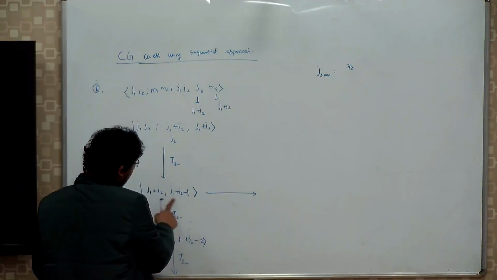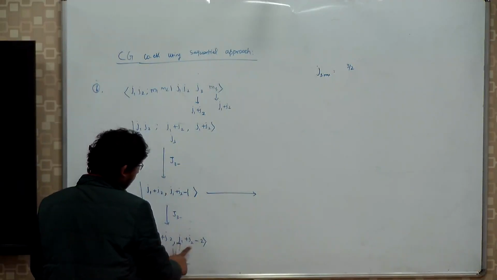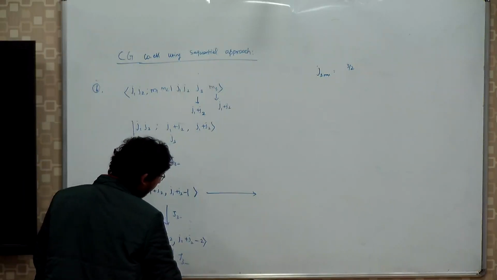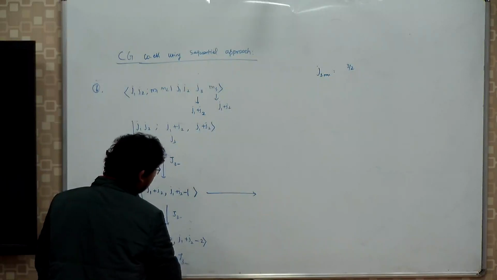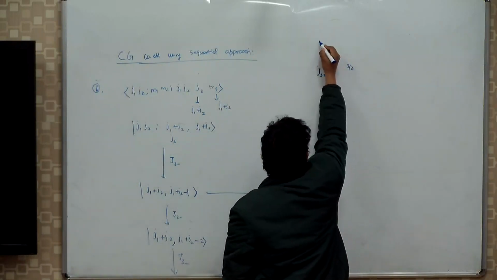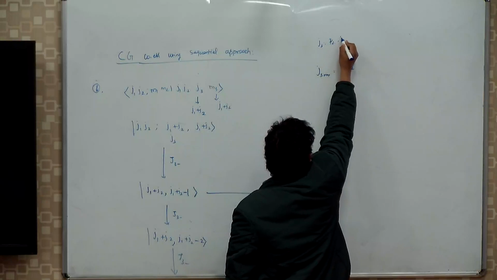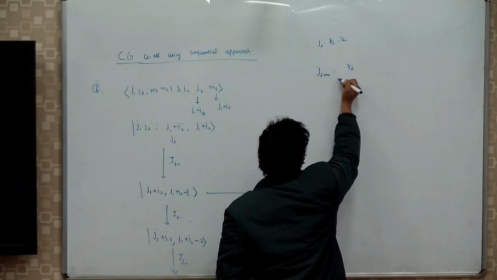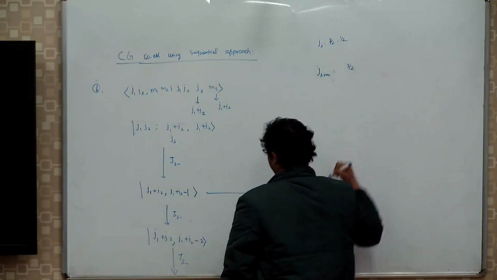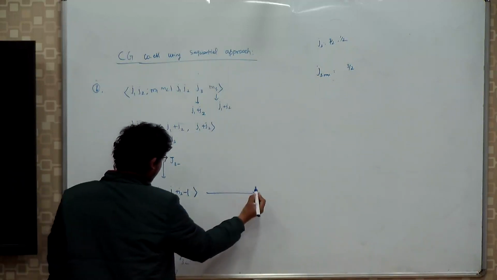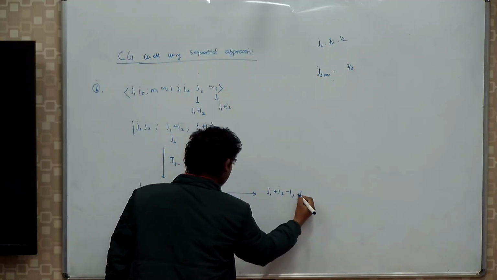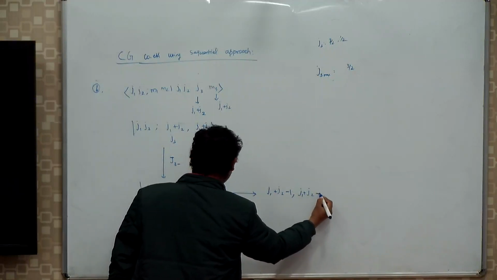Otherwise, once it has reached J minimum, it will stop. Then for the other J3 value, J3 having two values, suppose 3 by 2 and 1 by 2, if you are considering J3 as 3 by 2, then we list the M3 values. For the other J3 of 1 by 2, here it can go J1 plus J2 minus 1 comma J1 plus J2 minus 1.